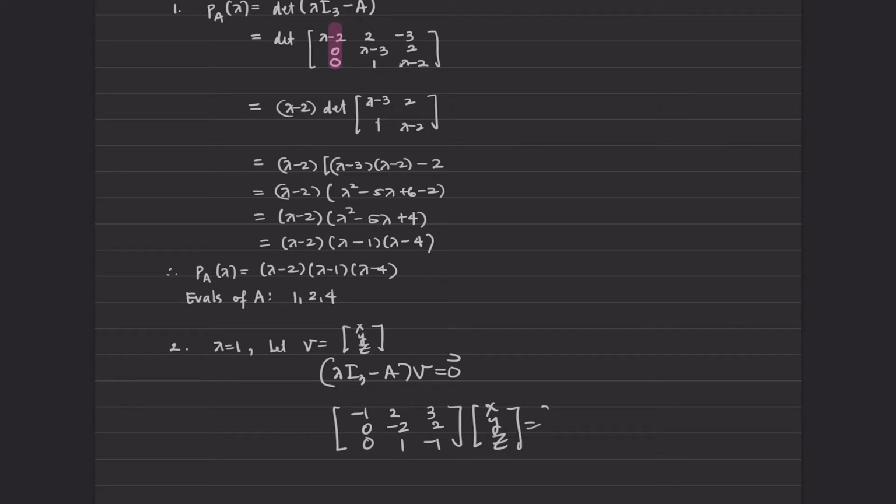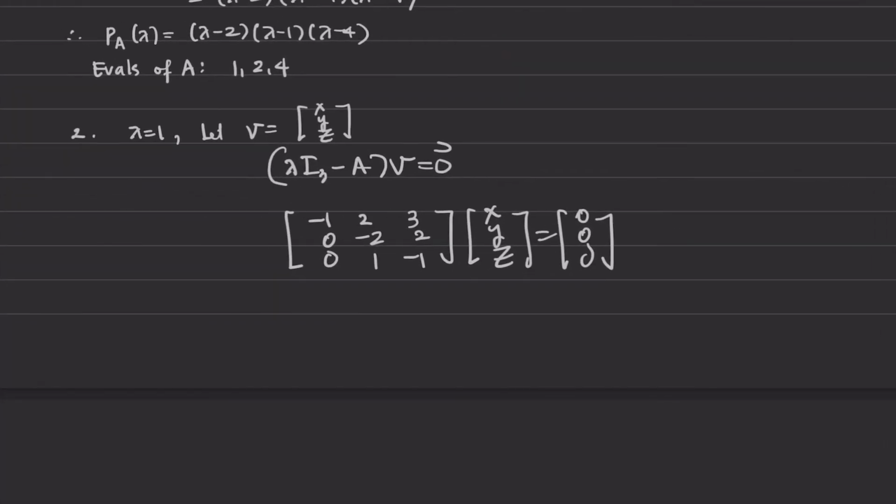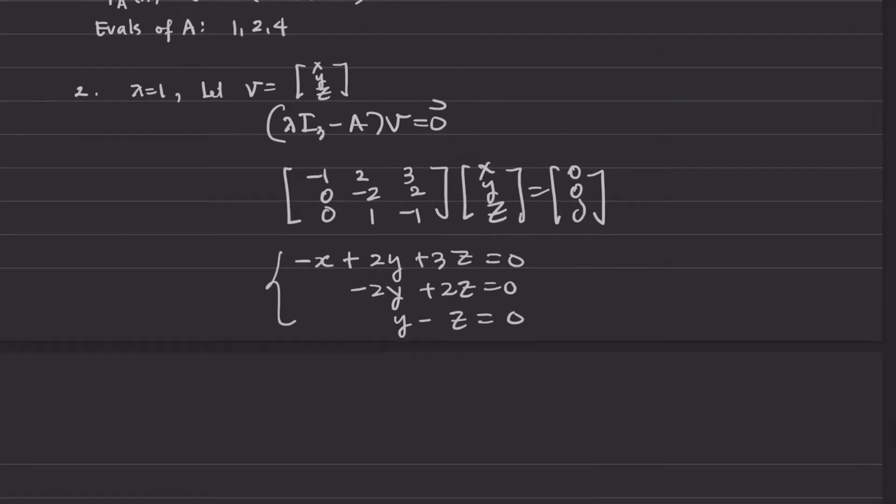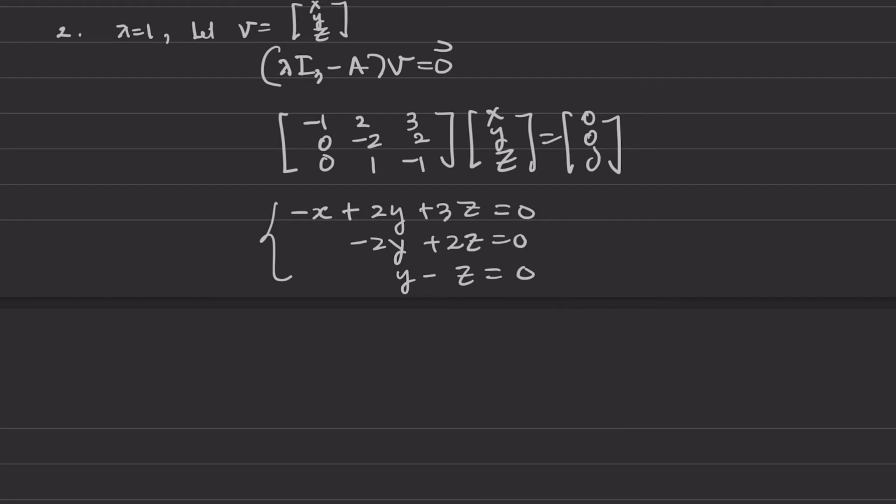Tapos 0, column yan. Okay, meron tayong negative X plus 2Y plus 3Z, negative 2Y plus 2Z, tapos meron tayong Y minus Z is 0. Okay, so kung mapapansin ninyo, itong dalawang equations na to equivalent lang kasi scalar multiple sila ng isa't isa.